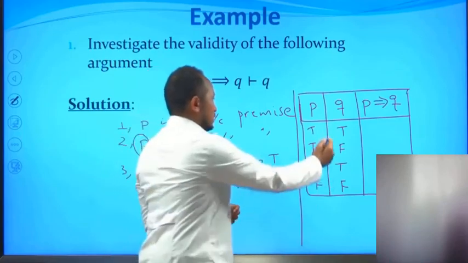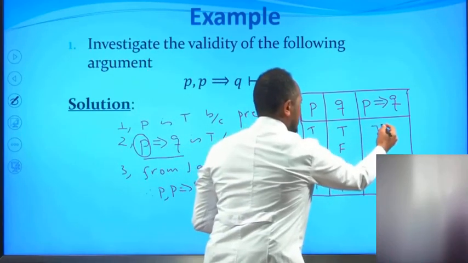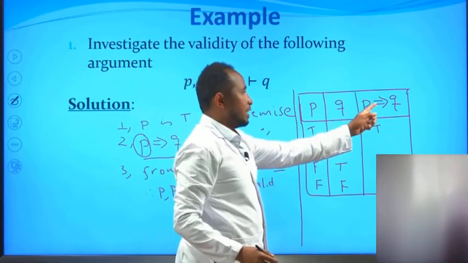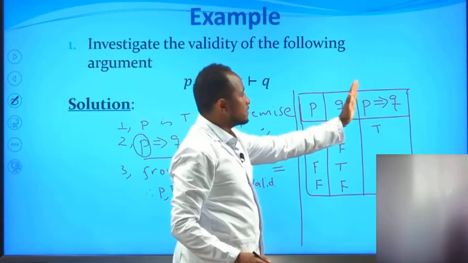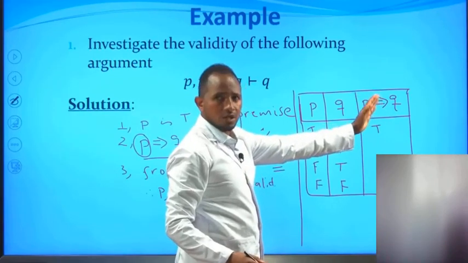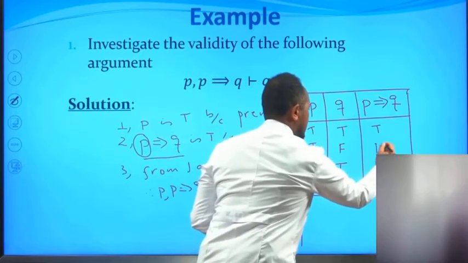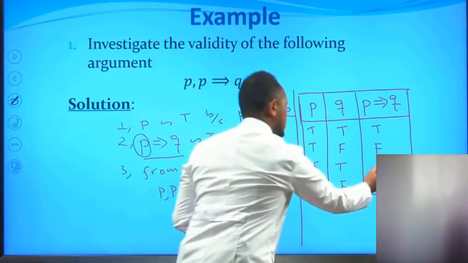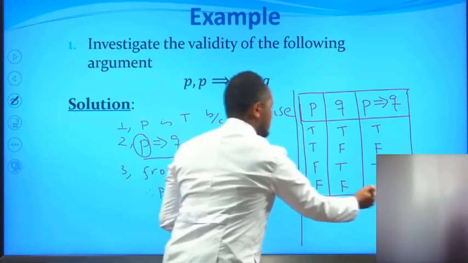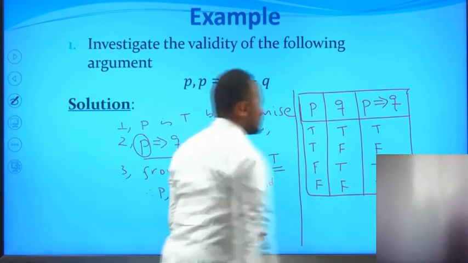Now, true implies true is true. Implies is false whenever the first statement is true and the second is false; otherwise, it is true. True implies true is true. True implies false is false. False implies true is true. And false implies false is true.